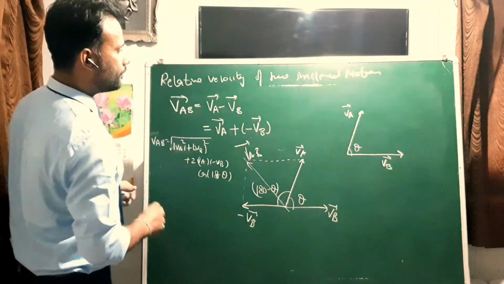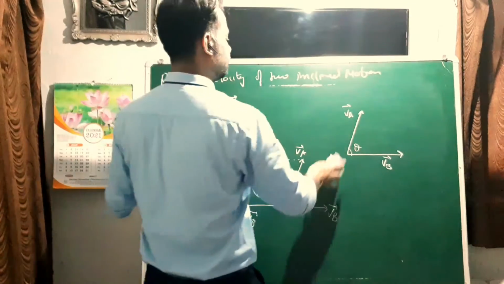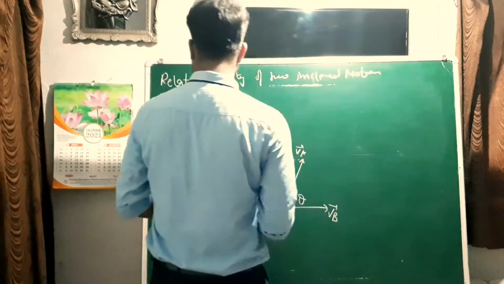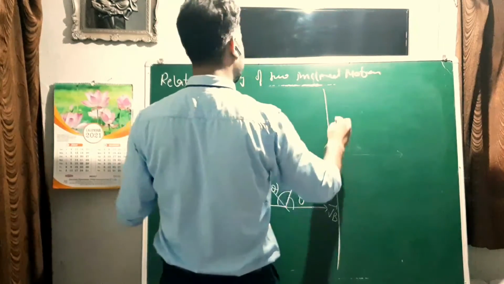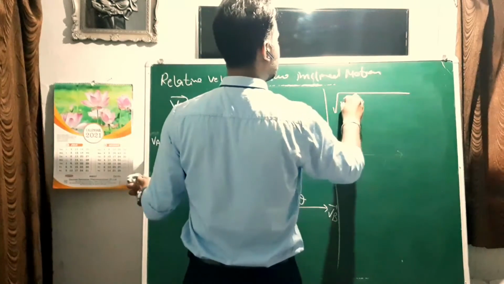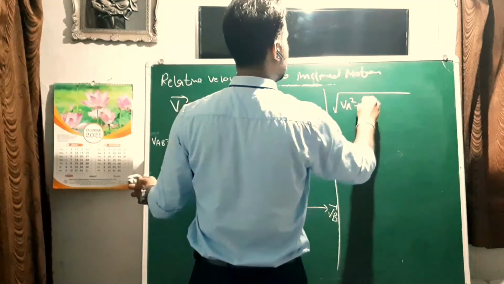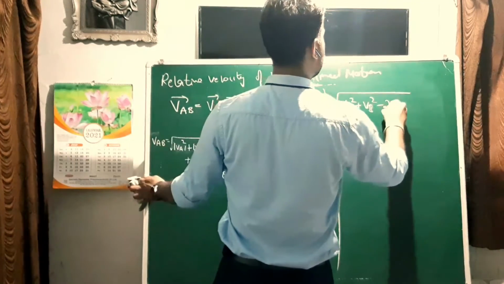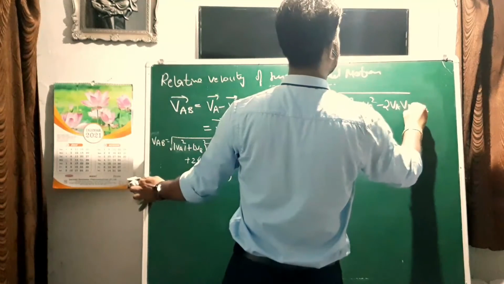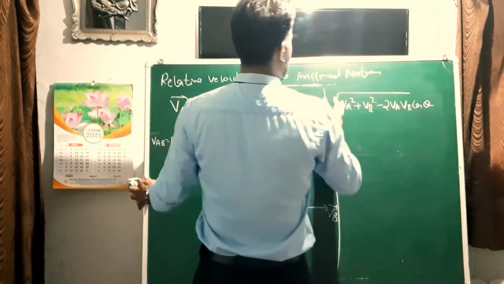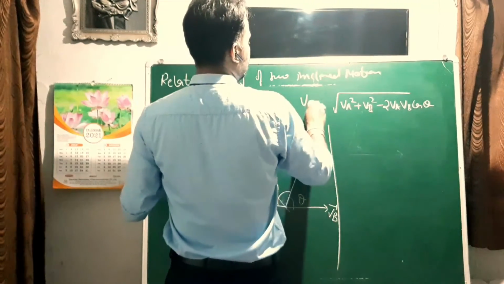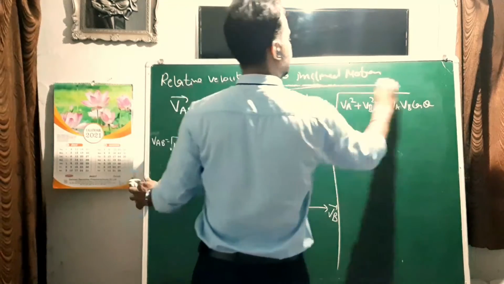This will give you, I am writing here, the square root of VA squared plus VB squared minus 2 VA VB cos theta. So this will be the magnitude of VAB.